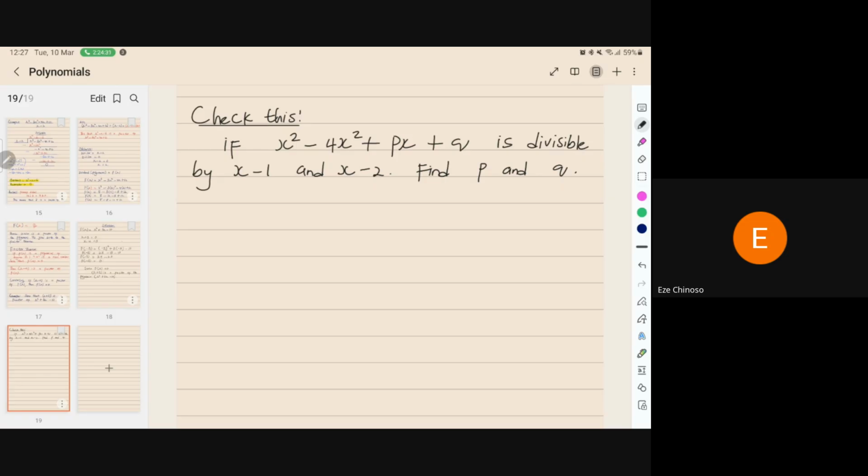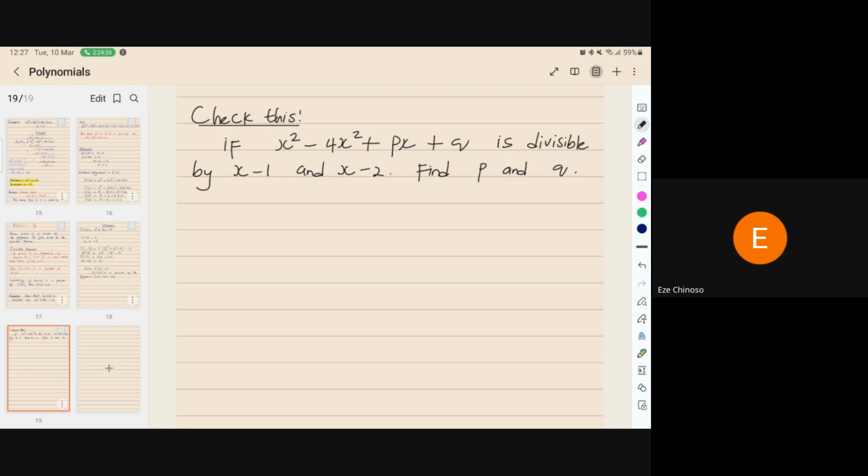Get your hands dirty and tell me what you think. If it is divisible, that means it divides without remainder. That means those two numbers are factors of that very stuff. Let's give it a try together.